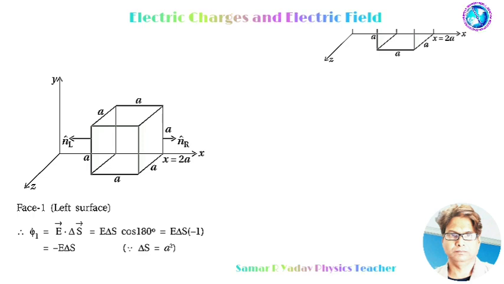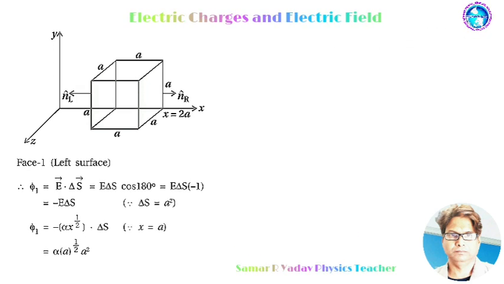This cube has each side small a. Face 1, the left surface: phi 1 is equal to vector E dot vector delta S, which is equal to E delta S cos 180, which is equal to E delta S (minus 1), which is equal to minus E delta S. Delta S is equal to a squared.